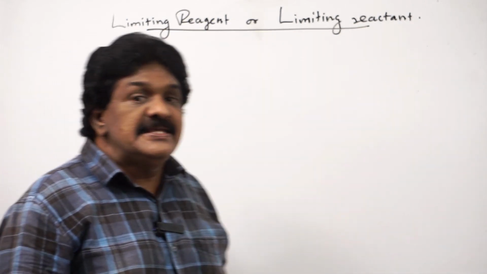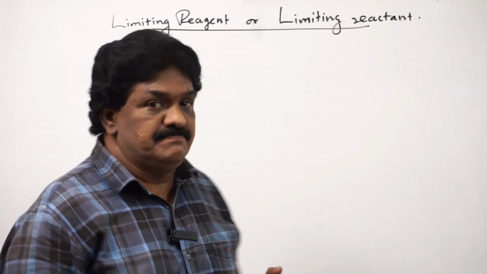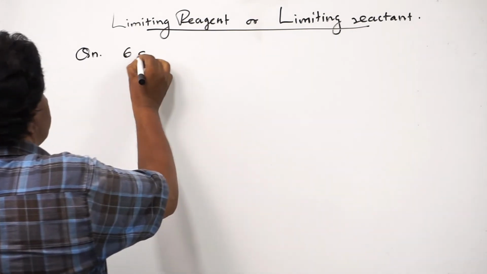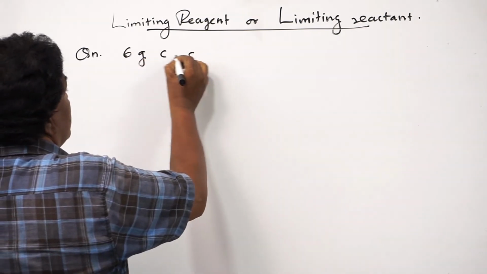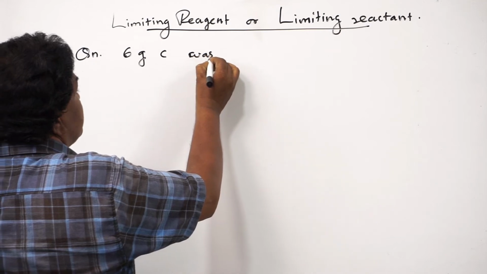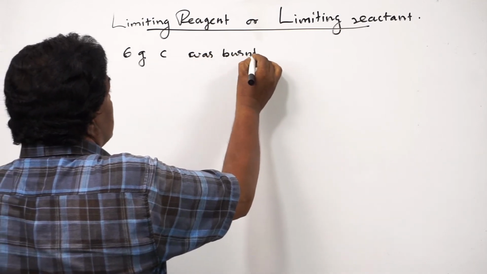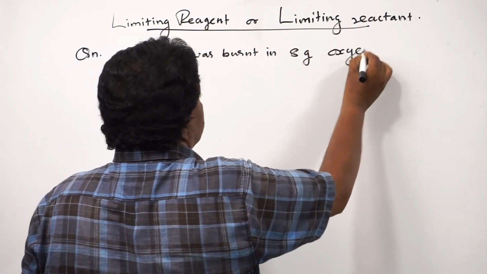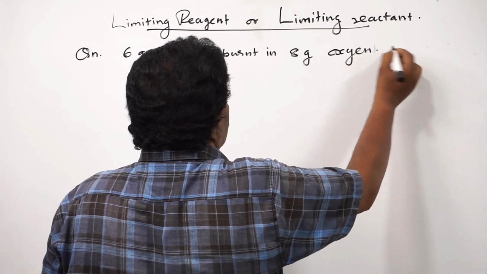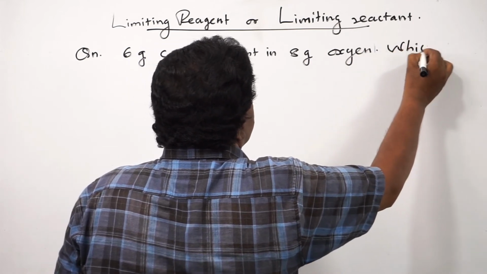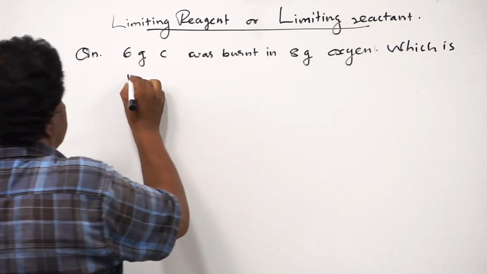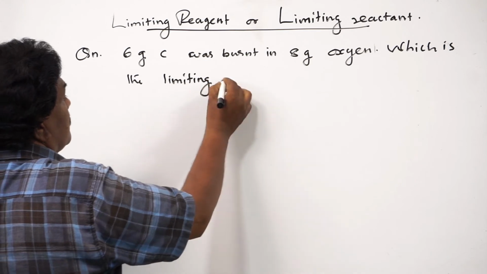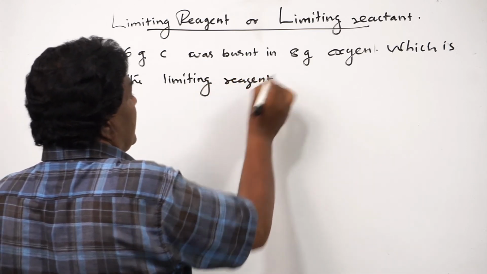We can learn this term using a problem. Question: 6 gram carbon was burnt in 8 gram oxygen. Which is the limiting reagent or reactant?